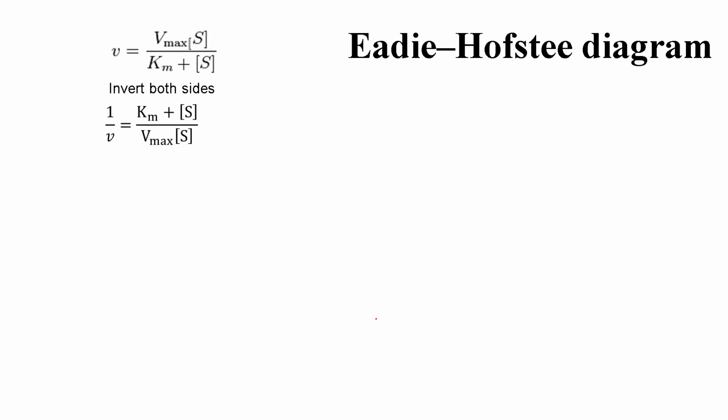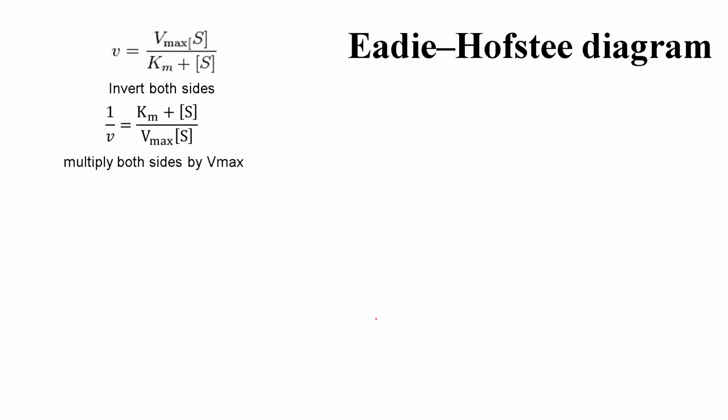Now, let's look at the Eadie-Hofstee diagram. We take our Michaelis-Menten equation, we invert both sides as usual, and we get 1 over v is equal to Km plus s all over Vmax multiplied by s.